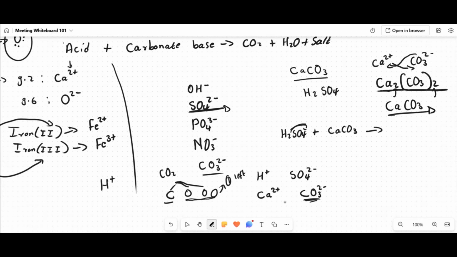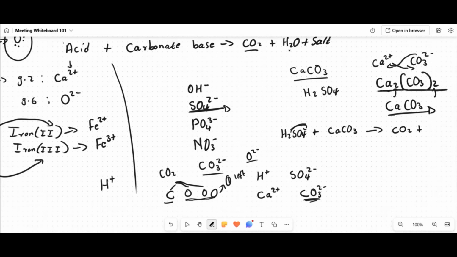Then you know that oxygen is in group number 2, it is 2 minus. So now you already have CO2, because here you took a carbon and two oxygens to make carbon dioxide. Now you are left with one oxygen there, which is in group number 2. Okay, now what else do we form?